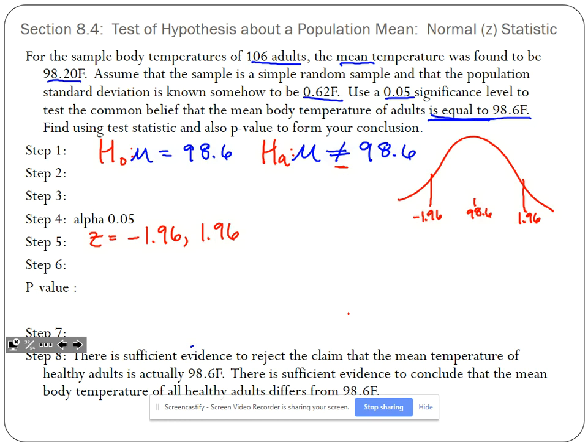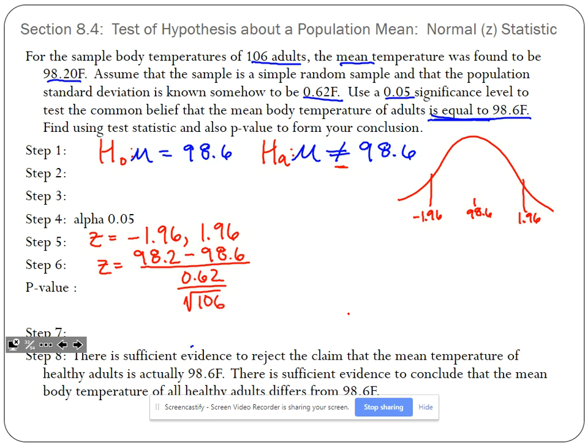All right, step 6 is where you find your test statistic. And using the equation, our test statistic is going to be our sample mean, 98.2, minus the mean that we're testing against, 98.6, divided by the standard deviation, divided by the square root of n.